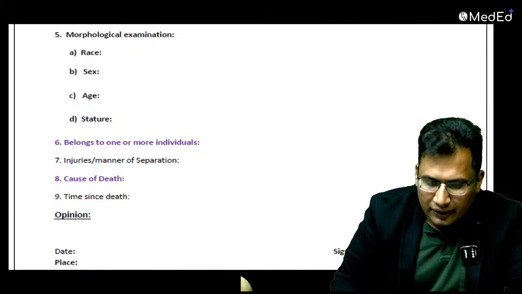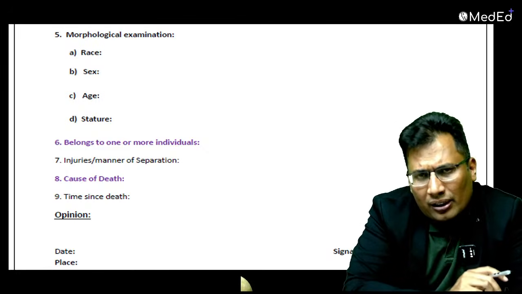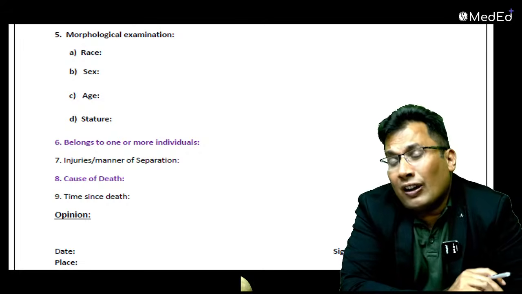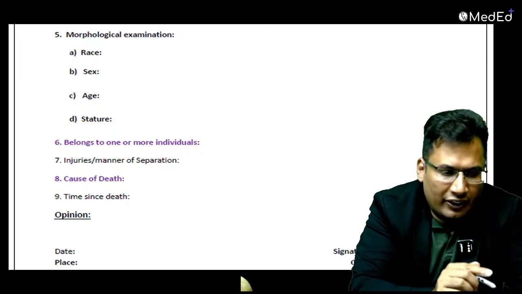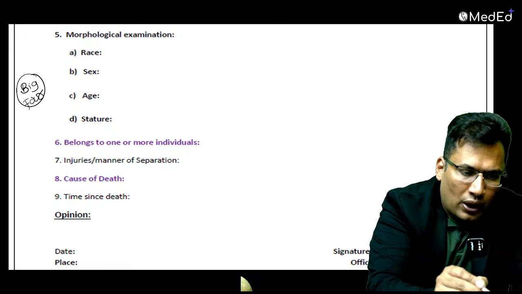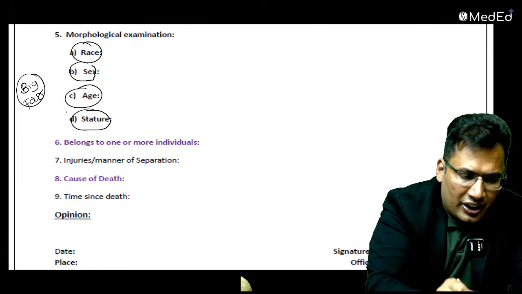Then comes the next line, morphological examination. Very important. We call it the big four of identification. Big four are, one is race, second one is sex, age, and the stature.